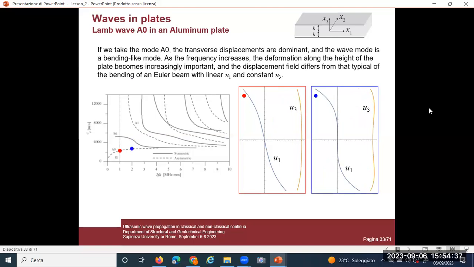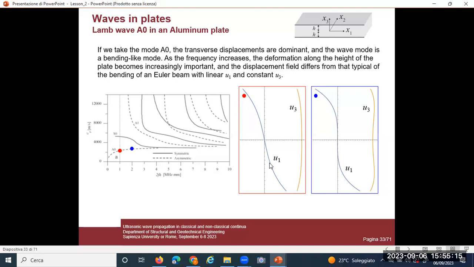And what happens with the A0 wave? A0 is bending exactly like in a beam. Then it is exactly the opposite. So you see that U3 this time is the displacement normal to the plane of the plate. So exactly as what happens in a beam, the displacement is orthogonal to the plane. So it's bending, mainly orthogonal displacement to the plane.